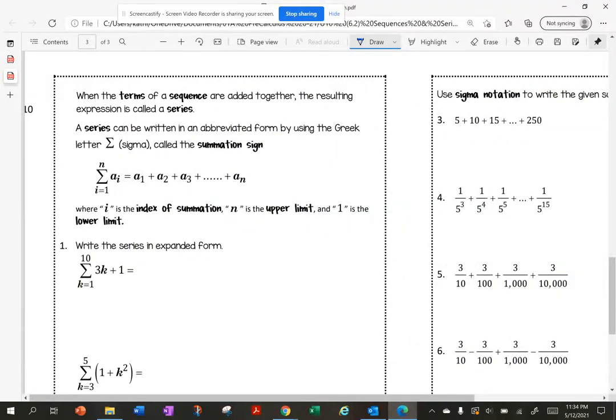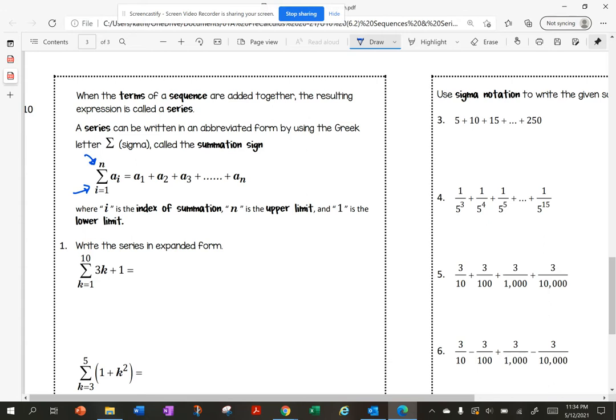So when terms of a sequence are added together, the resulting expression is called a series. A series can be written in an abbreviated form by using the Greek letter sigma, called the summation sign. i is the index of summation. n is the upper limit.